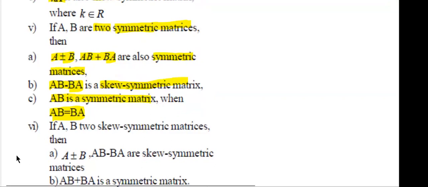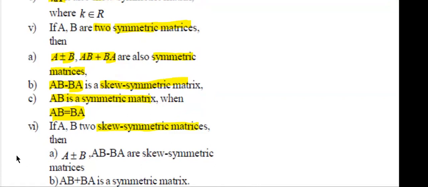Next, if A, B are two symmetric matrices and AB is symmetric, then we will say that AB is equal to BA only.